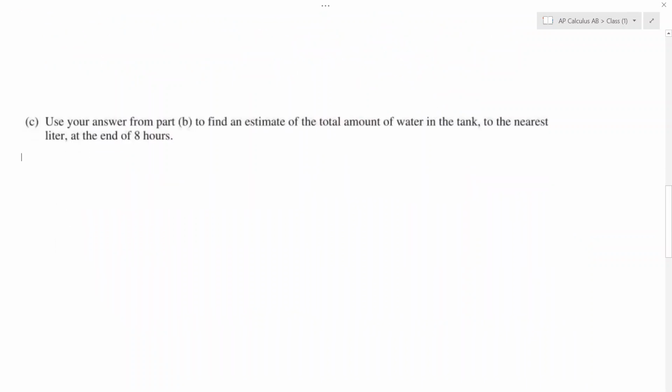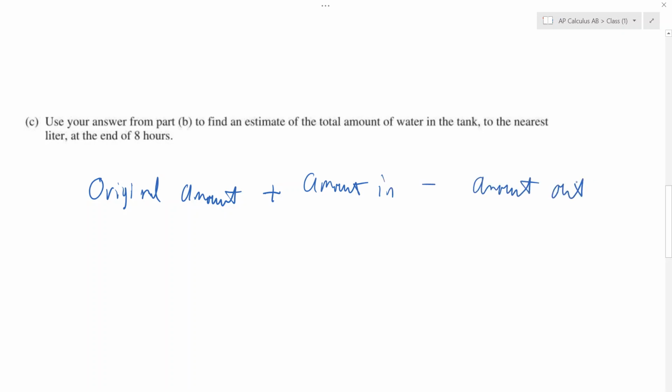Remember we said to find how much is actually in a tank with a rate in and rate out question, you take the original amount. You're going to add in how much came in. You're going to subtract off the amount out. Okay? The original amount has to be given to us.